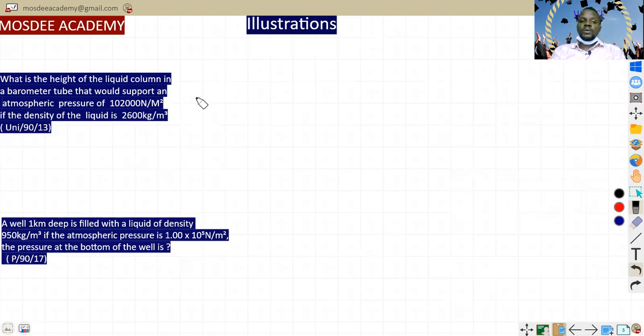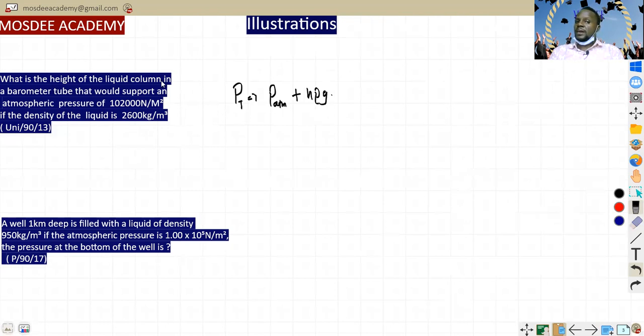We know that now there's an atmospheric pressure. The total pressure, PT, will be equal to P atmospheric plus H rho G, which we have studied. So now directly we can just put the values from what we have studied. Now we need to understand one thing.